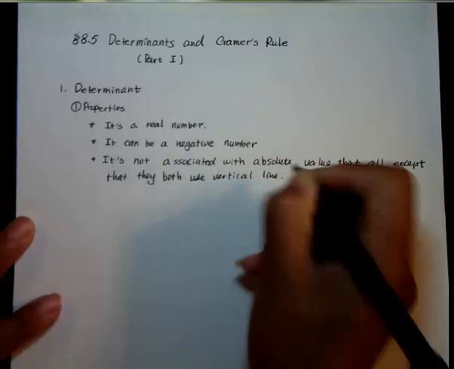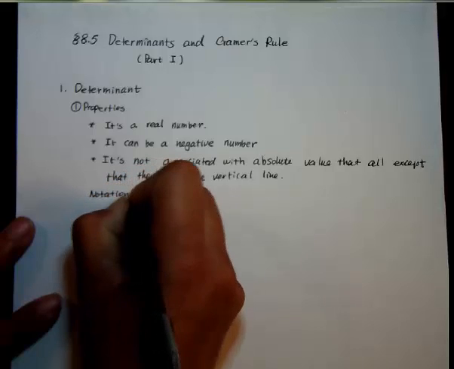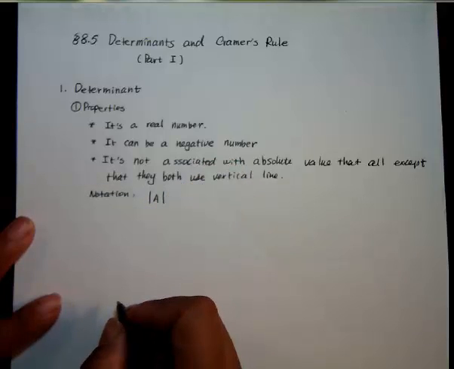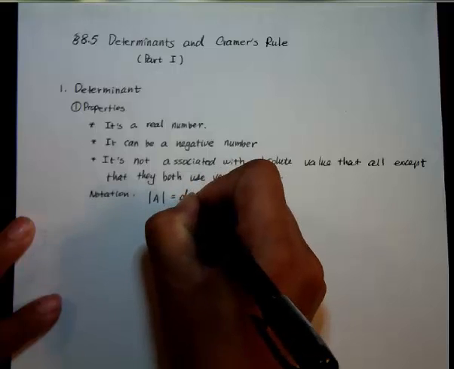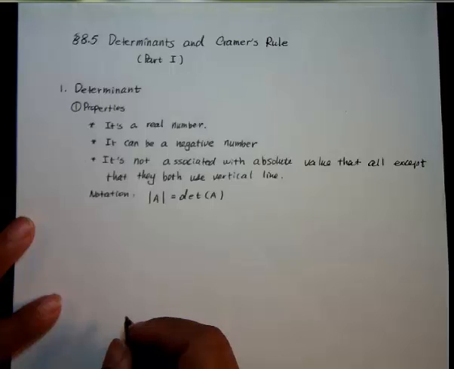What I meant here is that the notation of the determinant of a matrix looks like an absolute value, but it's not. This is the determinant notation. Or sometimes we write it as DET. That's the determinant of the matrix, but it's not an absolute value.